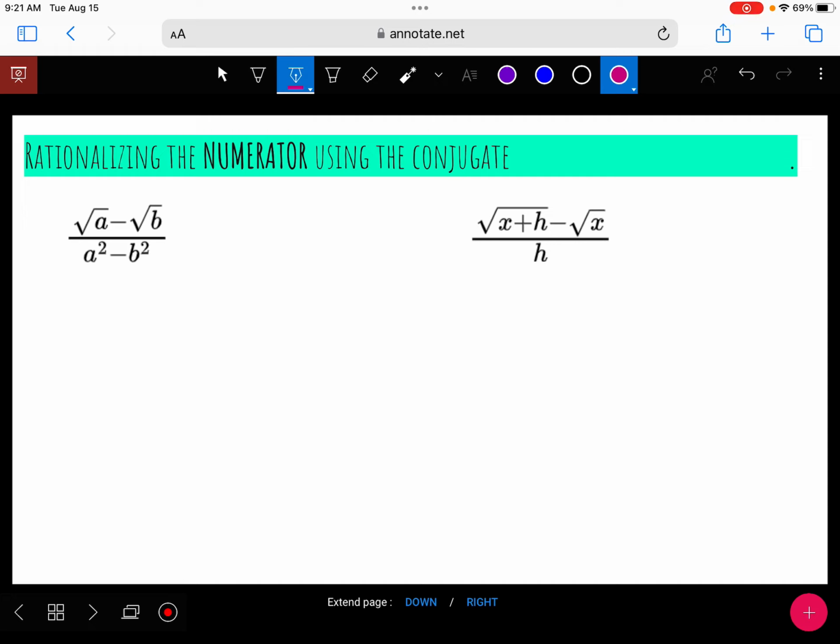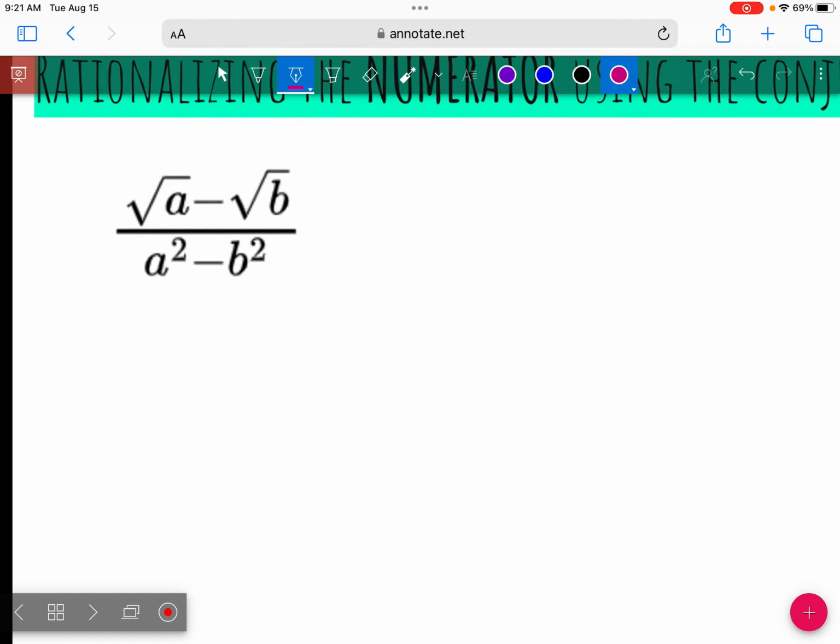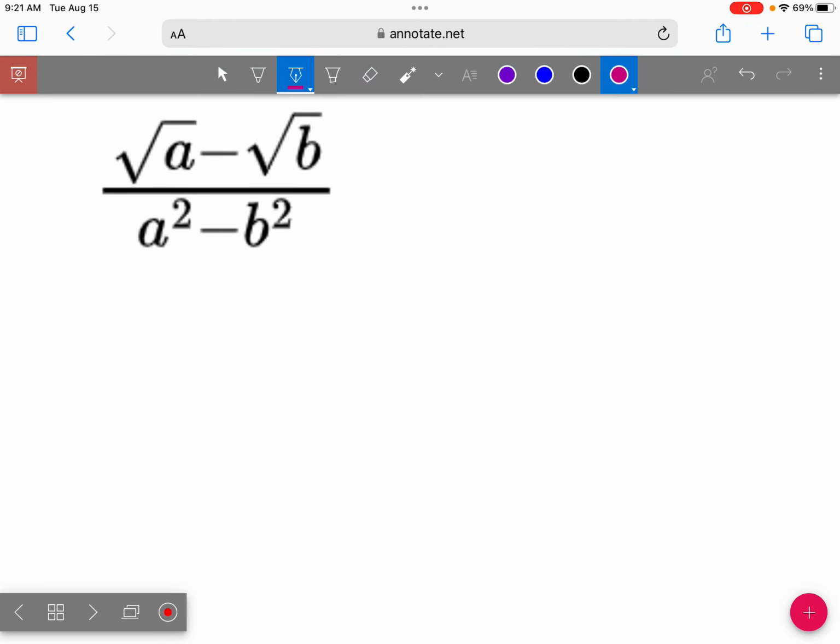Because genuinely, in my entire life, I've never rationalized a numerator before. In my 3 years of calculus, we've never had to do it. And I went, why? Okay? Because the book likes to make choices. We're going to do it. But it's a choice. It's a choice. They made a choice, and they're sticking with it, but it's a choice.